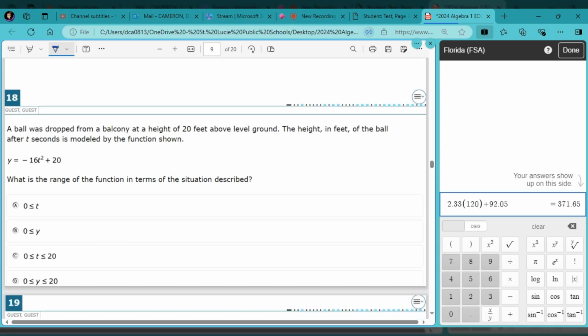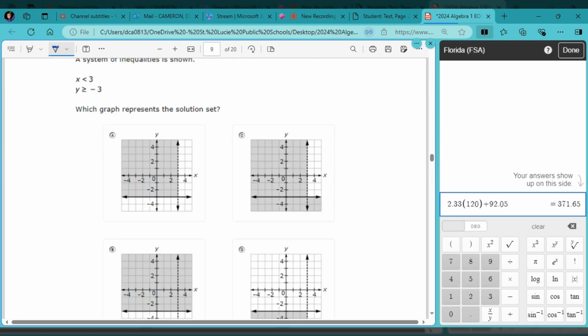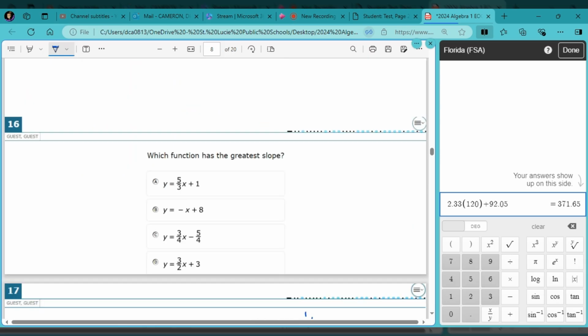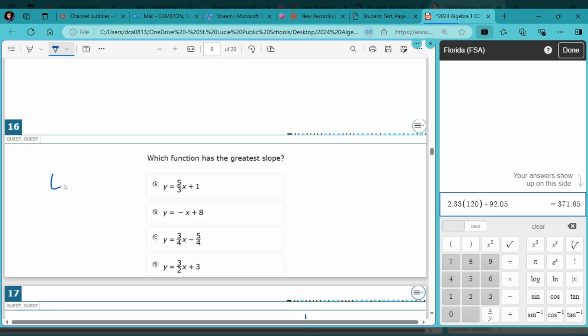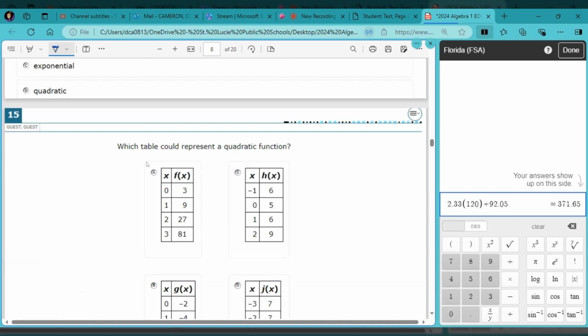Number 18 is 31%. And number 17 was 59%. Number 16 was 49%. 15, only 34%.